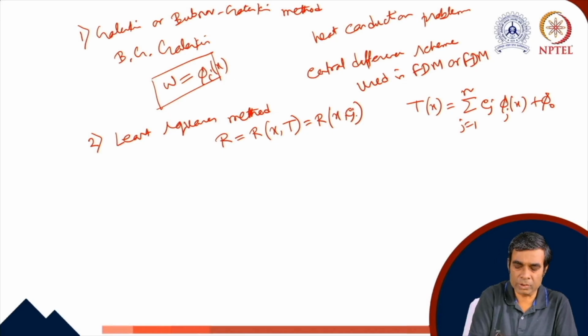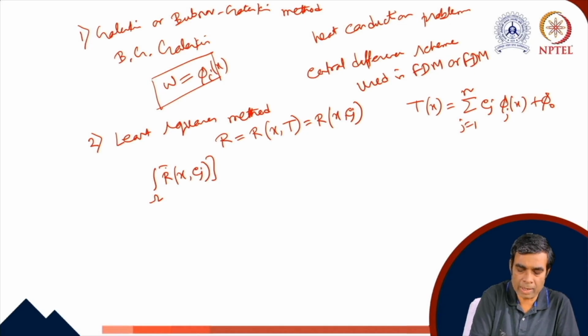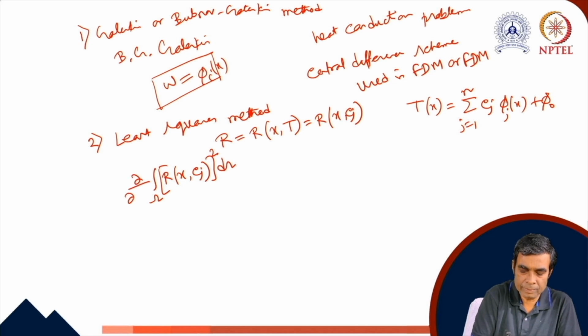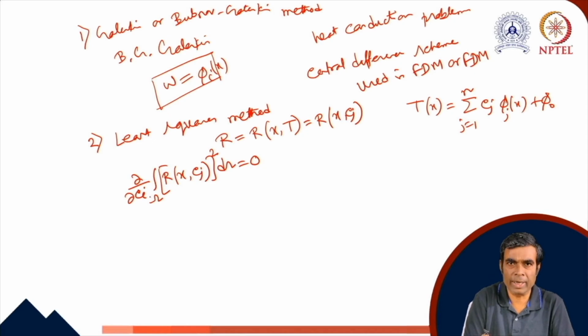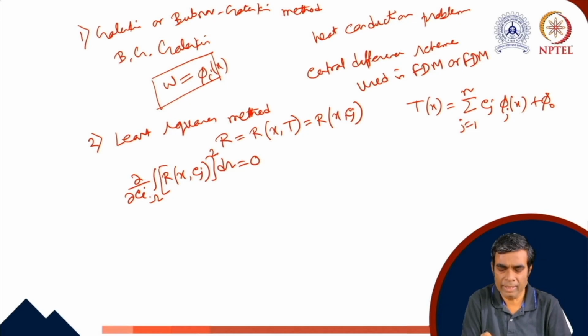Now the least squares method requires that the square of the residual on the domain omega, the residual r of x comma cj, so the square of the residual integrated over the domain d omega, should be minimized, that is, its derivative with respect to ci should be 0. So this condition gives us the weight functions for the least squares method. Now this we can simplify by using the Leibniz theorem.